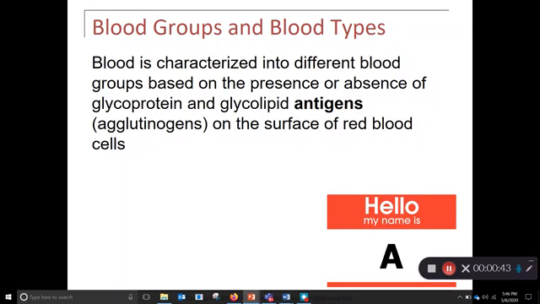Antigen is a word that you should be very familiar with. You should make yourself fast friends with it, because you're going to see it again in pathophysiology, in microbiology, and a lot in here. An antigen is something on the outside of a cell that says, hello, my name is blank.